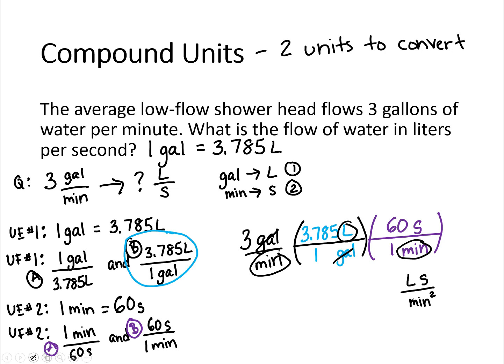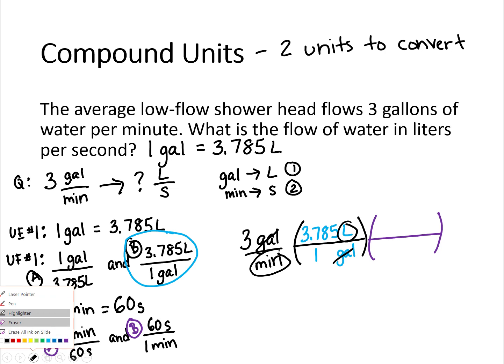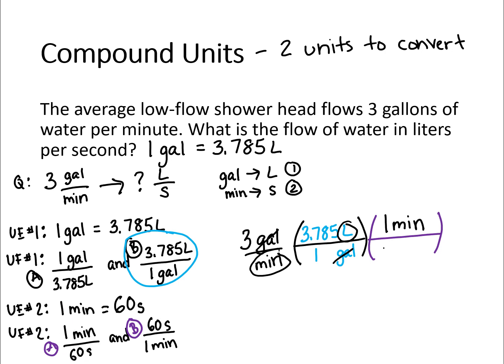So let's see what it would be like if we had the other one. If I used A, I'd have minutes in the top and seconds in the bottom.